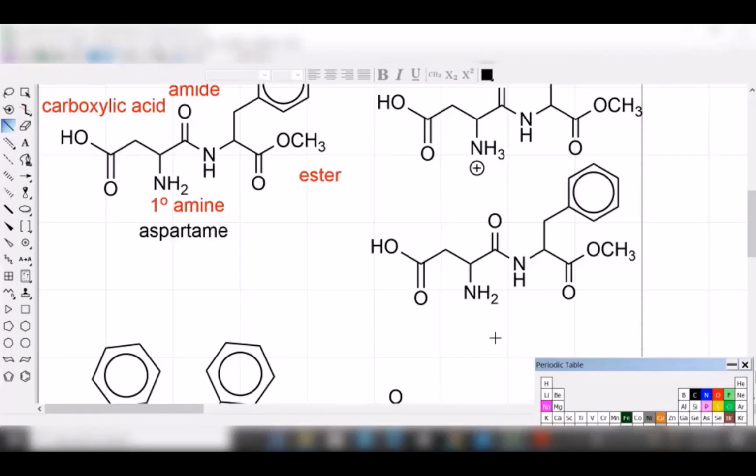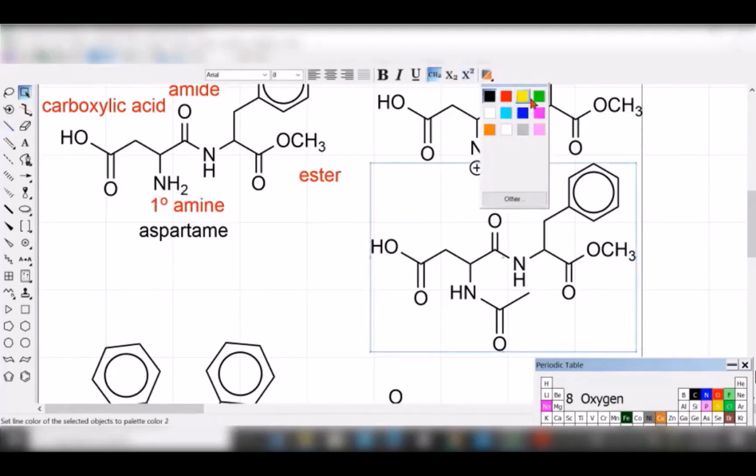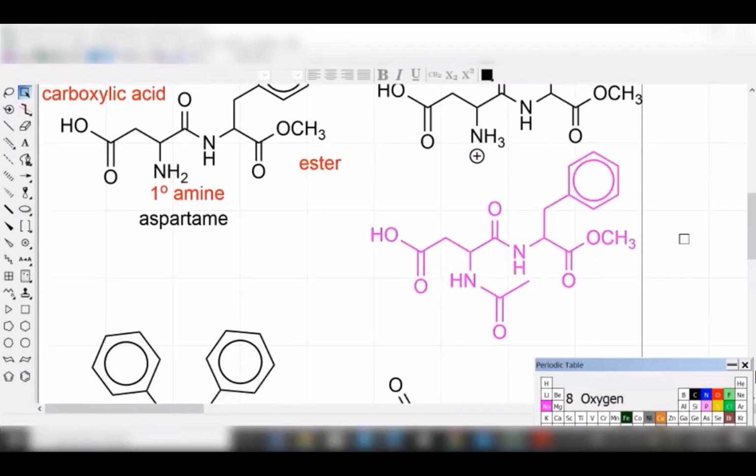Because carboxylic acid and amine doesn't give you amide. They give you the salts instead. So if you write that in, then this is probably what you are expecting. So you are going to expect the formation of the amides.